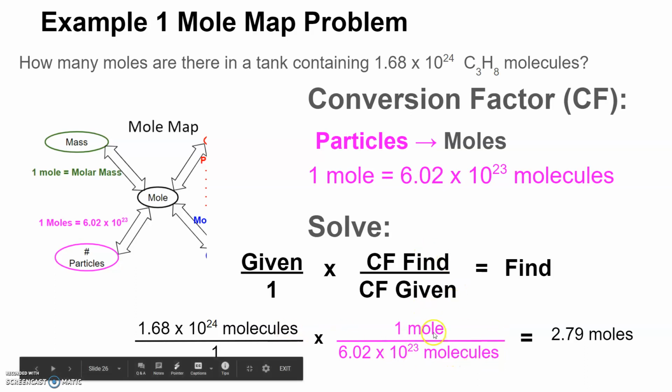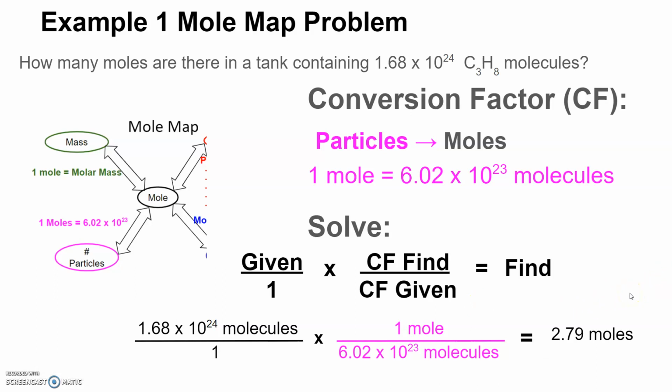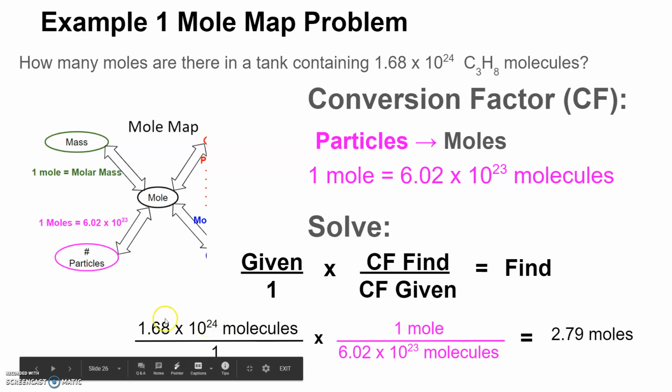Then the 1 mole goes on top, and that gives me my answer, 2.79 moles. Remember, when you're multiplying fractions, you're multiplying straight across. So the 1.68 times 10 to the 24 will multiply with the 1 there, and in the denominator, 1 times 6.02 times 10 to the 23 multiply together. So the math here would be 1.68 times 10 to the 24 divided by 6.02 times 10 to the 23.